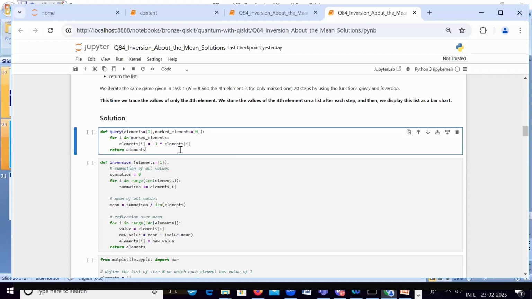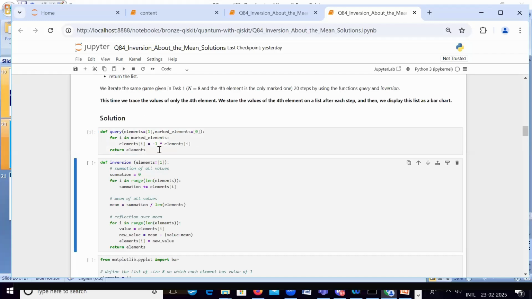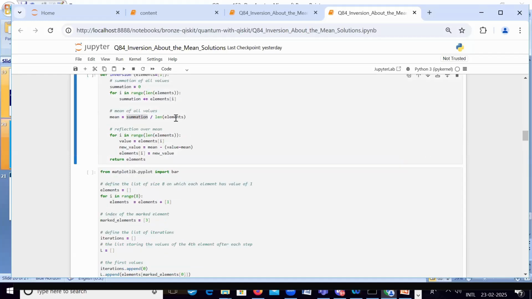I think I would have written this way, much easier, but I followed slightly different, but still that got the result. Then the inversion function, it takes the elements and then computes the summation to get the average. And then it is calculating the mean, total summation divided by the length of the element, which is the one statistical ratio here.